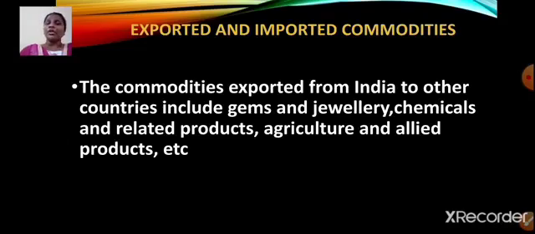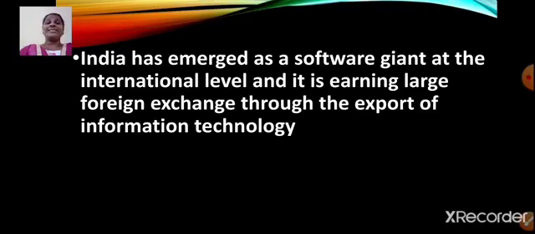Yes, the commodities exported from our country include gems and jewelry, chemicals and related products, agriculture and allied products, etc. India has emerged as a software giant at the international level, and it is earning large foreign exchange through the export of information technology. So, through the export of information technology, our country India is earning large foreign exchange.